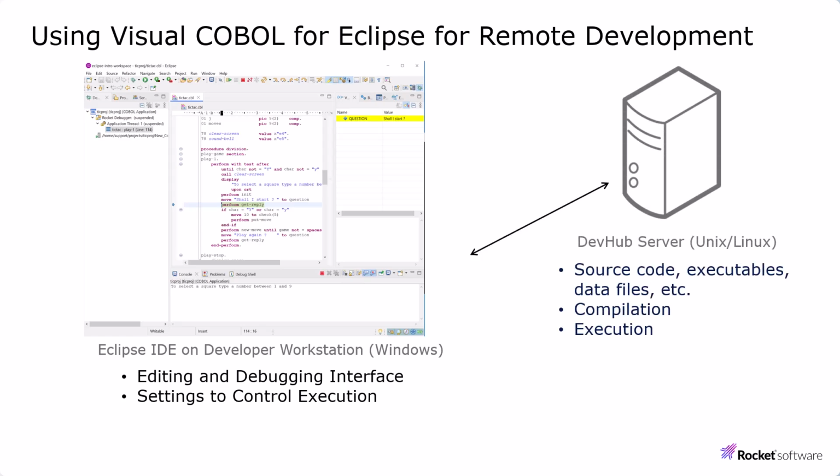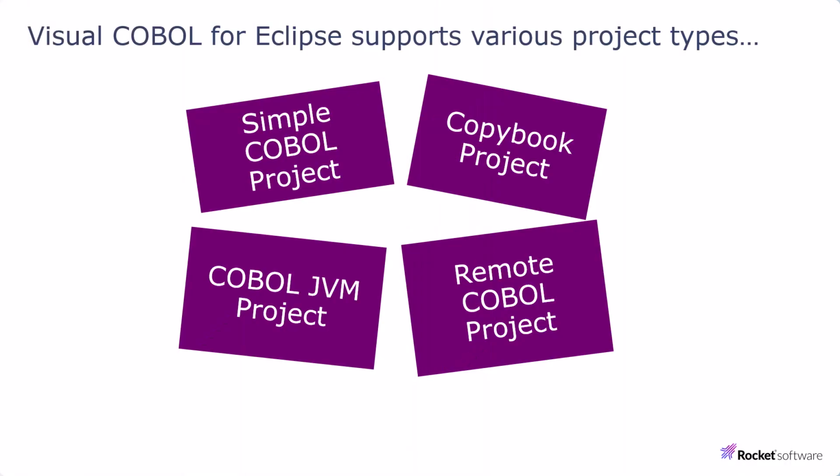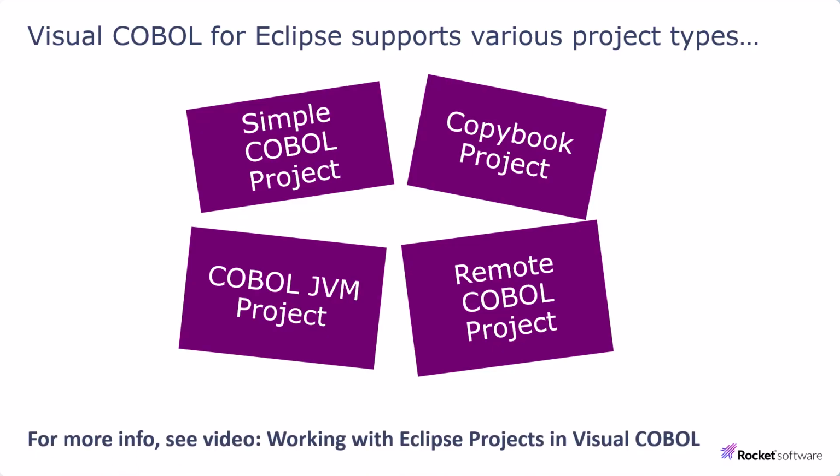Working with remote projects involves the additional use of the Rocket Visual COBOL Development Hub product, which will be covered in another video in this series. Also, projects and the options and features they provide will be discussed in more depth in another video in this series, Working with Eclipse Projects in Visual COBOL.